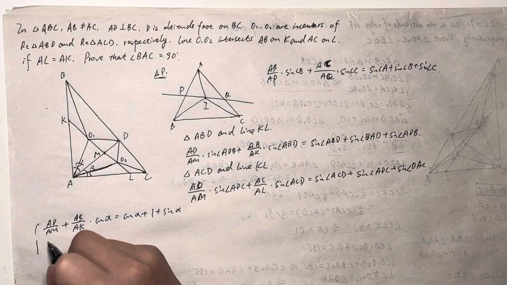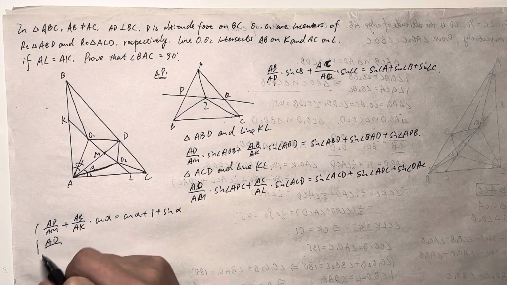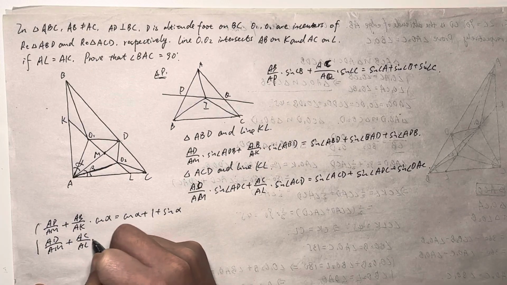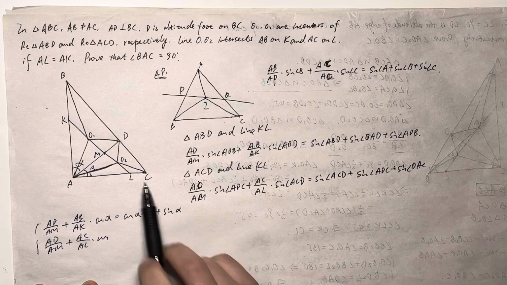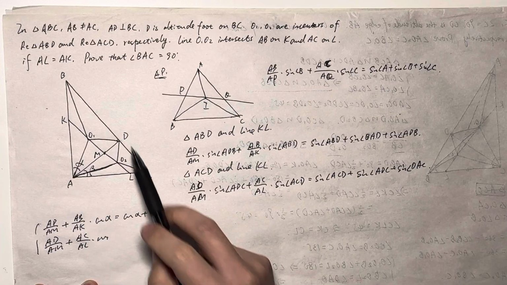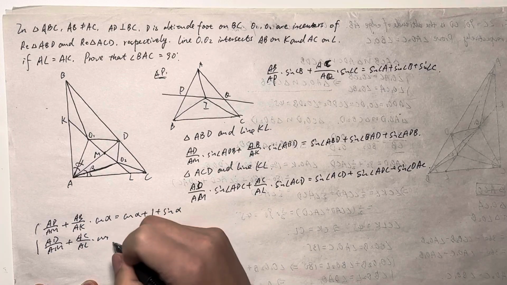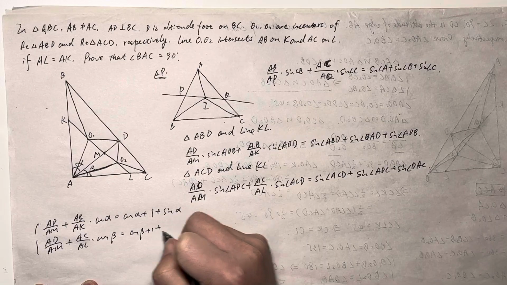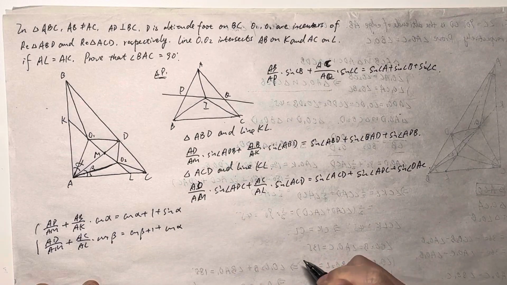Similarly, the next equation would be AD over AM plus AC over AL times sine angle ACD, that's cosine beta, equals cosine beta plus 1 plus cosine alpha, right?